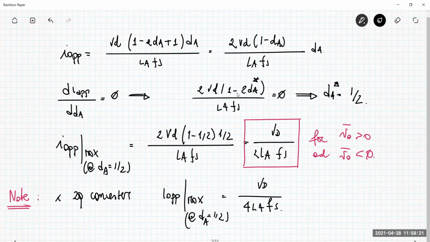So in this case, the ripple that we can get for the bipolar pulse width modulator for the 4-quadrant converter is twice the maximum ripple that you can get in the two-quadrant converter.